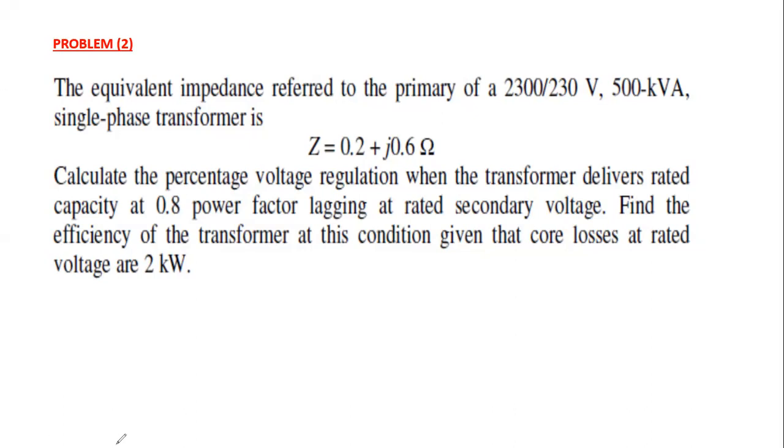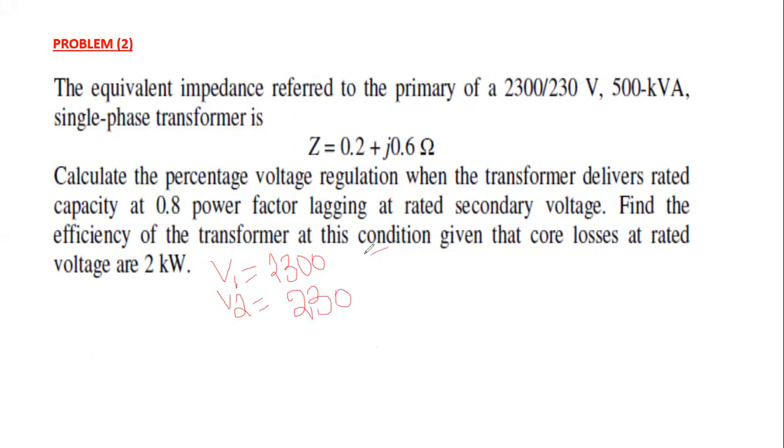That means V1 is equal to 2300 and V2 is equal to 230 volts.